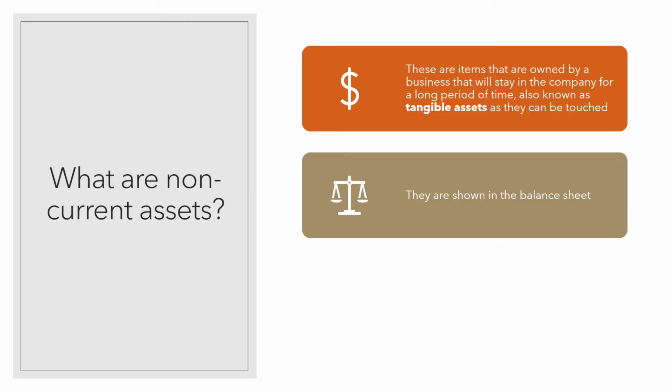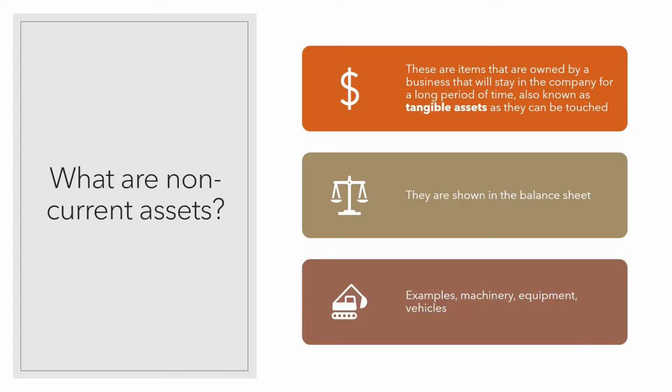So a balance sheet is a financial document that a business will have, and that's going to show the net worth of a business, and it will balance the assets that they have and the liabilities that they have. Some examples of non-current assets are machinery, equipment, vehicles, etc.